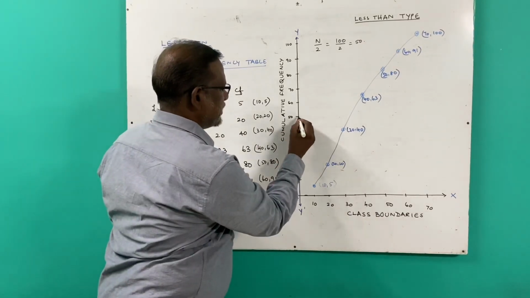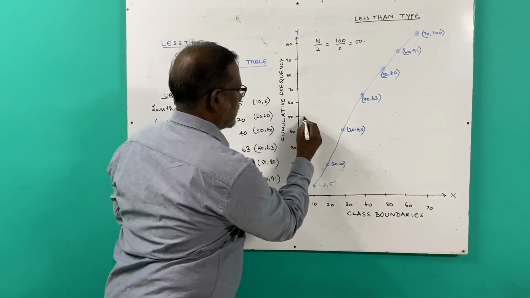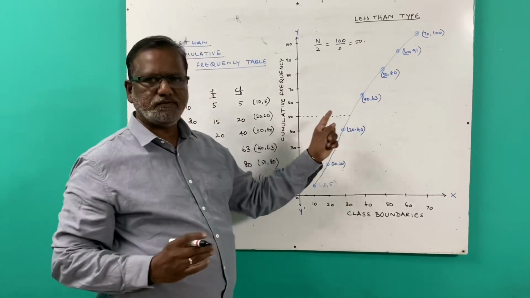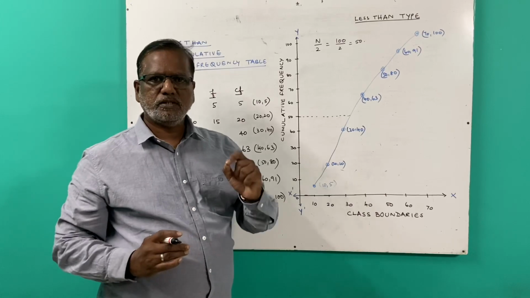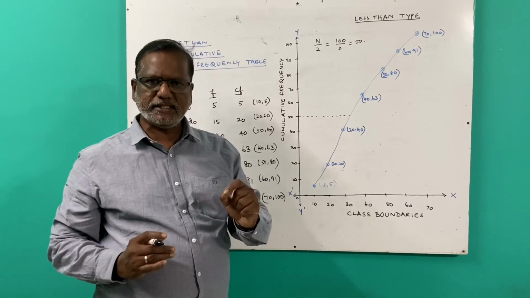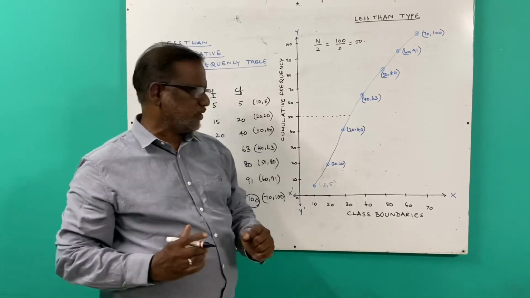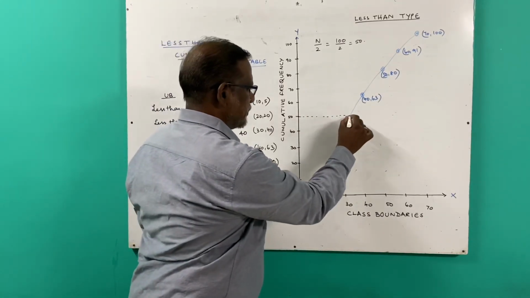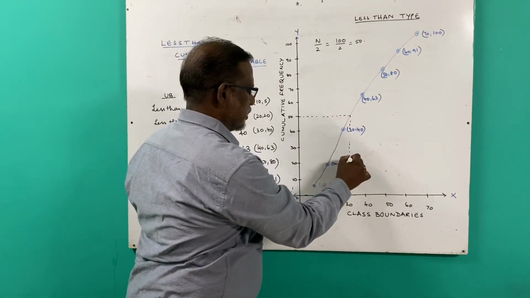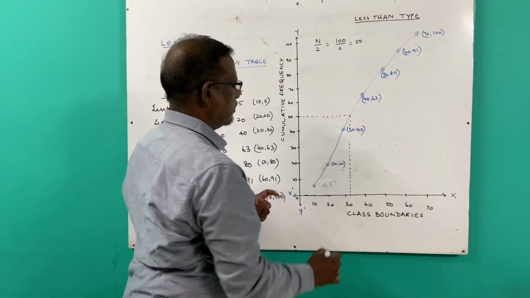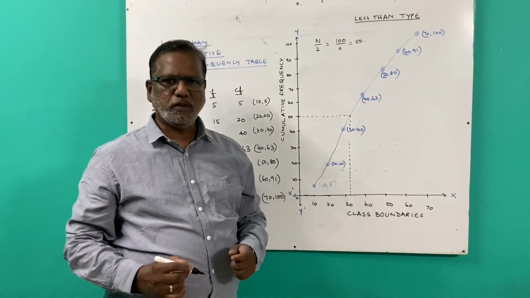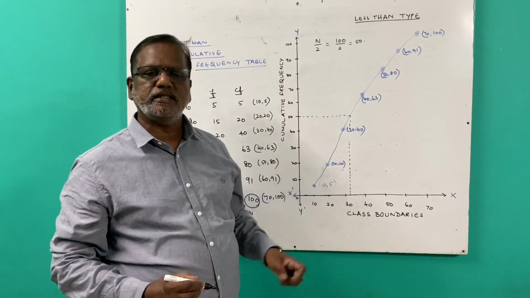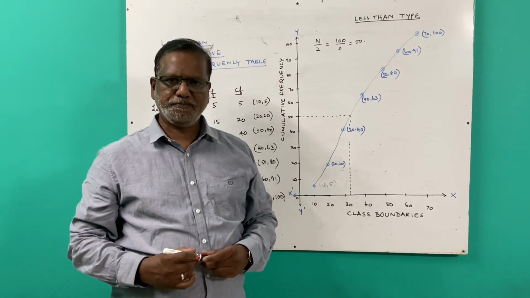Draw a line parallel to the x-axis through the 50. Find the point where it meets the cumulative frequency curve. From the point of meeting, draw a perpendicular line to the x-axis, which is going to be parallel to the y-axis. The point where it meets the x-axis is going to be the median.